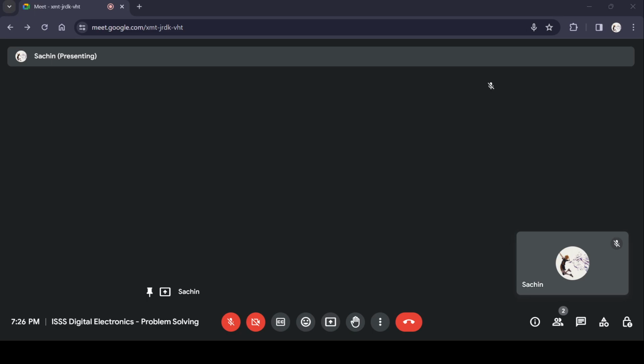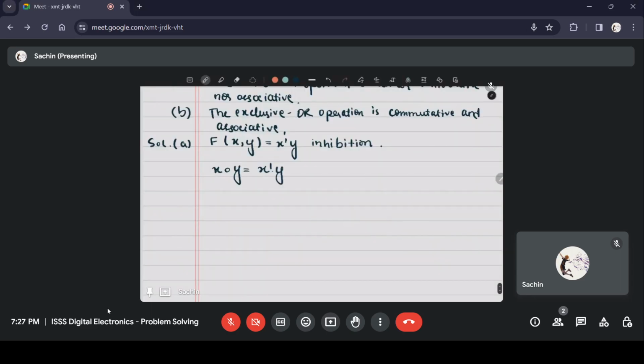Or you can write this as, if it's a binary operation, x circle y is x prime y. Now y circle x is y prime x, which is not equal to x prime y.